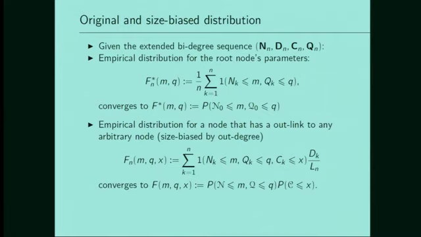And you know what happens when you do coupling with a branching process. When you follow a link, then of course you get a size-biased distribution on the other side.